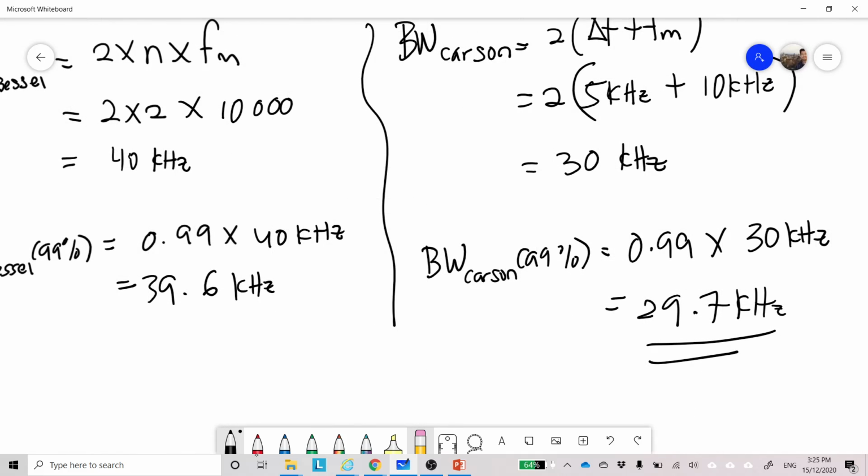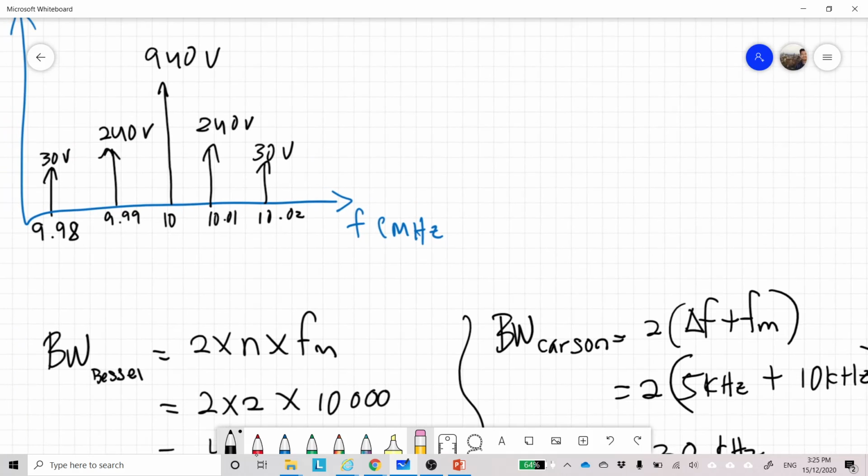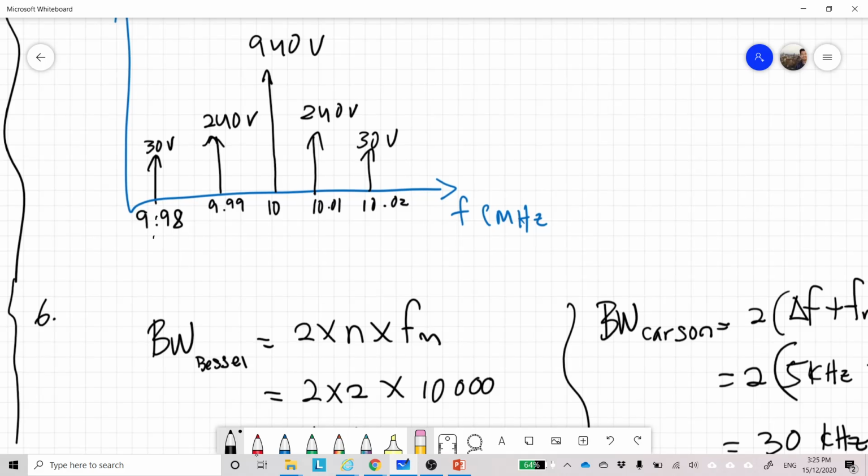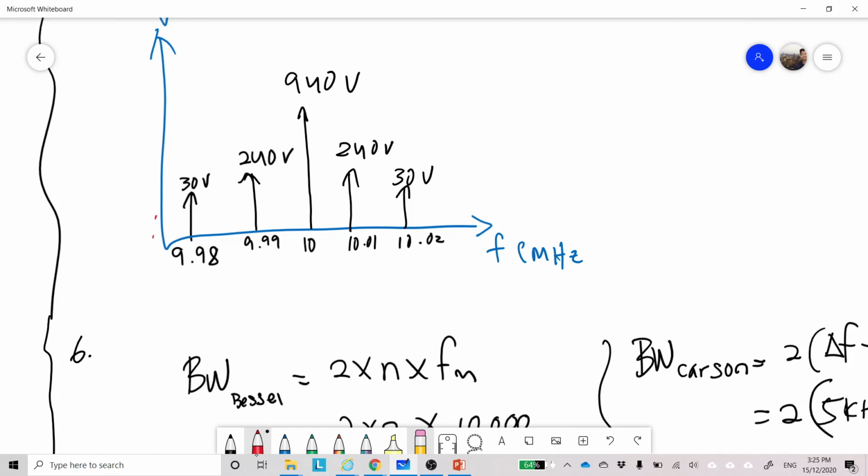Okay. So kalau you lihat 99%, if we look from the spectrum, kalau kita lihat daripada spectrum di sini, so this is 40k. Okay, ini adalah 40 kilohertz total bandwidth.